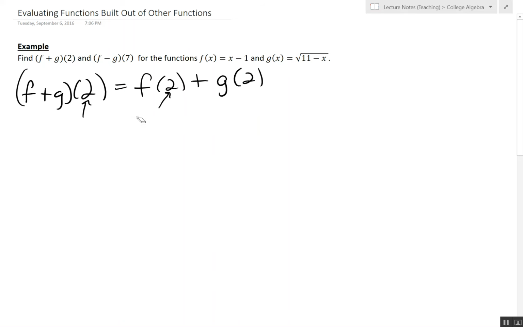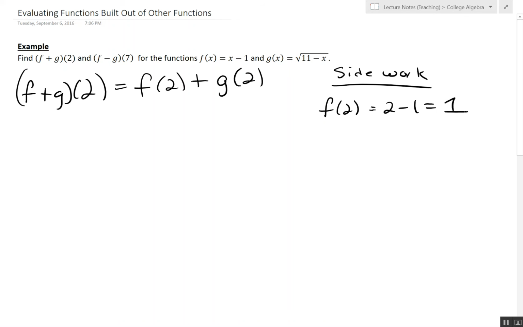Let's get rid of all the excess visual noise. And so we want to figure out what f of 2 and g of 2 are. So you can do either inline or you can do some side work. So f of 2, well, that's just going to be 2 minus 1, which is 1. And then g of 2 is going to be the square root of 11 minus 2, which is the square root of 9, which is positive 3.